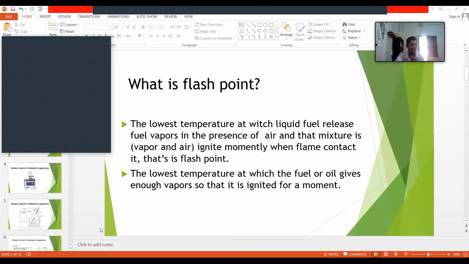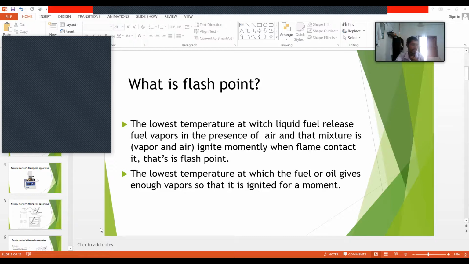Other than safety, by knowing the flash point we can find out the quality of the oil also. That is also one purpose. If the quality of the oil is not good, there will be a change, like contamination, that will change the flash point.